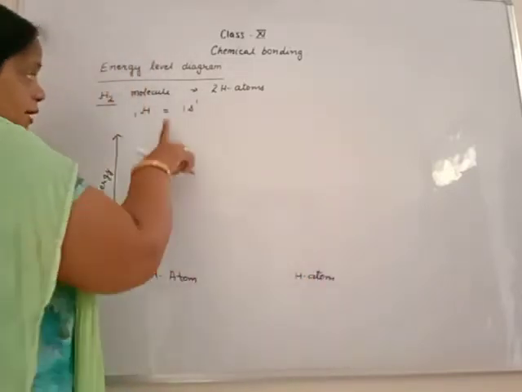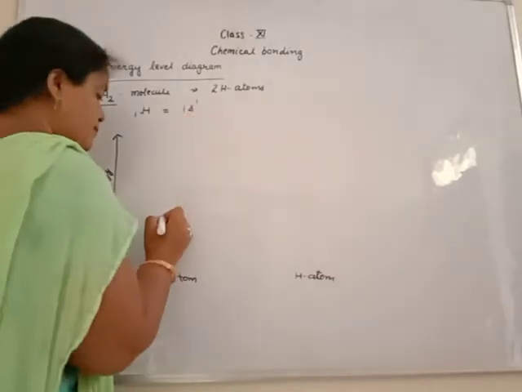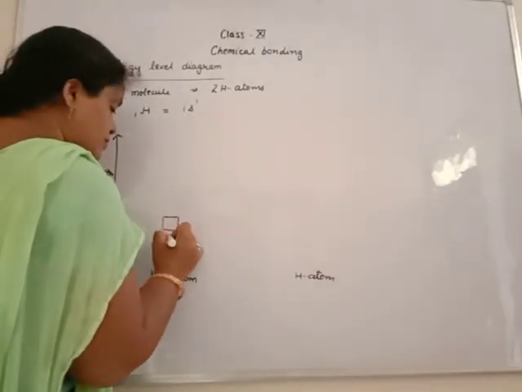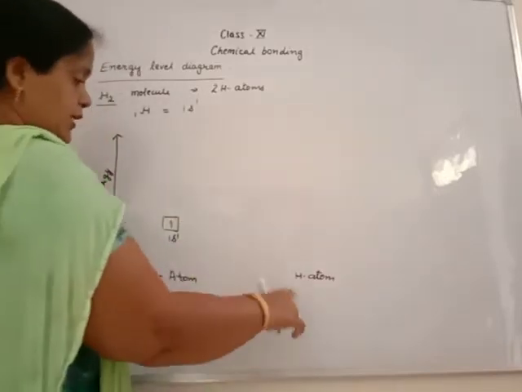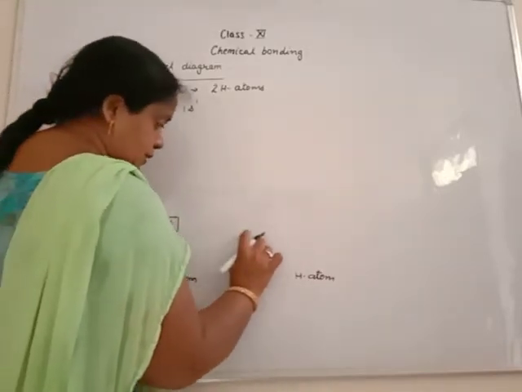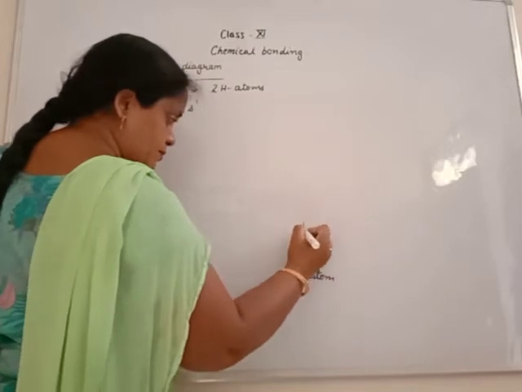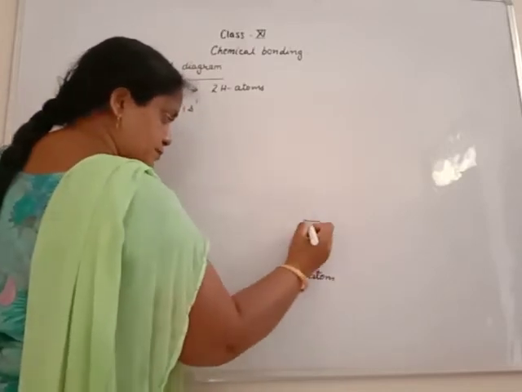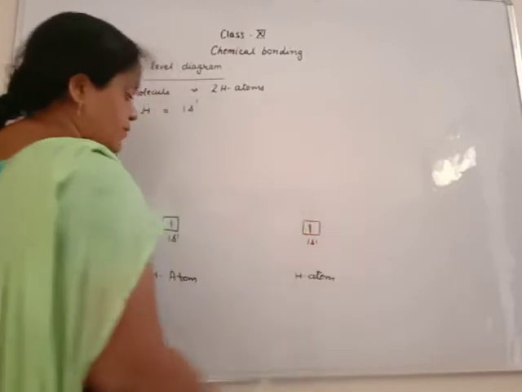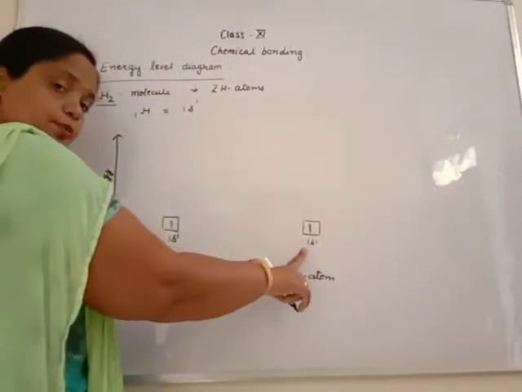Each hydrogen atom has an electron in the 1s orbital, 1s1. The other also will be represented on the same line or same level, 1s1. These are two atomic orbitals.